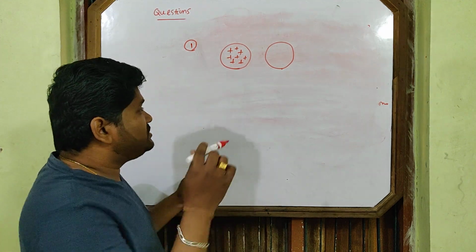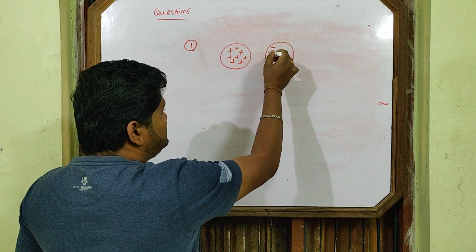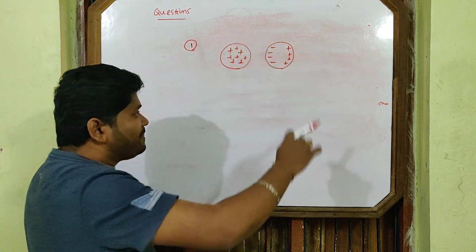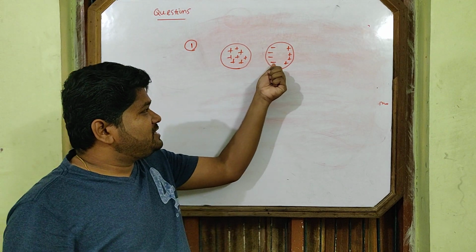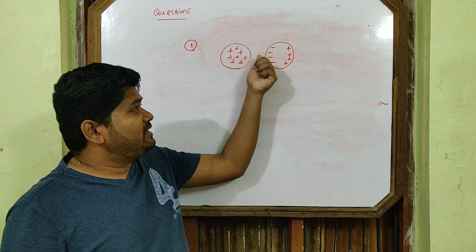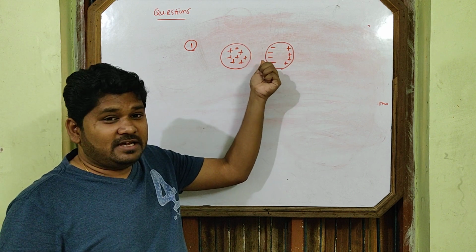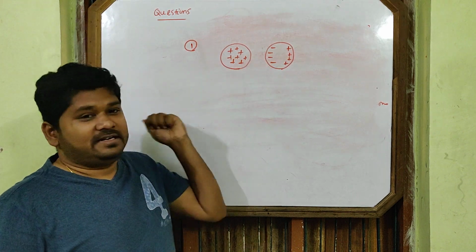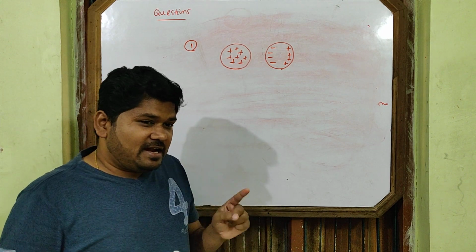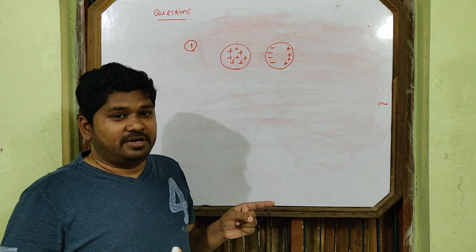When it is very close, the nearer end becomes negative and the further end becomes positive. It induces the opposite kind of charge in the near end. When two opposite kinds of charges are there, immediately it gets attracted. So a charged body can attract an uncharged body.